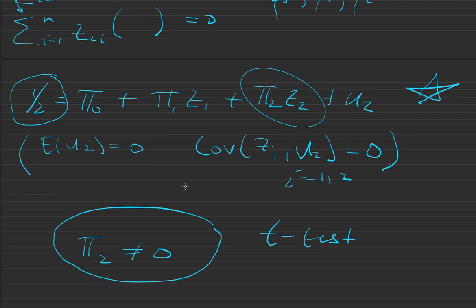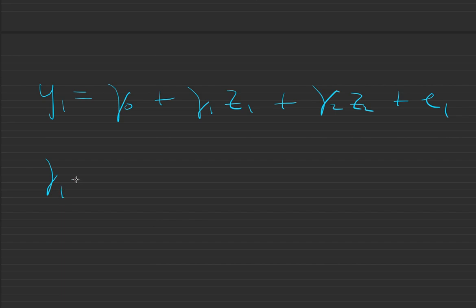We will also have a reduced form equation for y1. The reduced form equation for y1 is y1 equals gamma naught plus gamma 1 z1 plus gamma 2 z2 plus e1, where gamma 1 is equal to beta 2 plus beta 1 pi 1, and gamma 2 is equal to beta 1 pi 2.